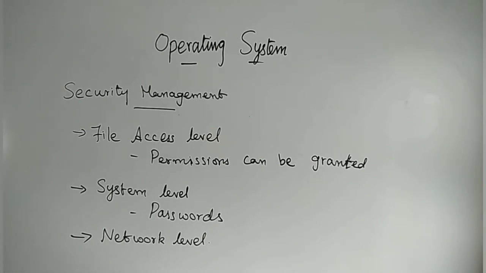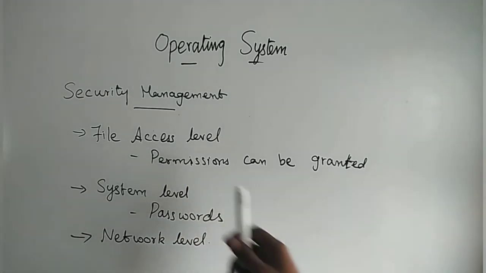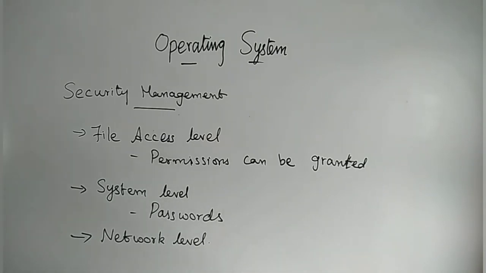By means of some firewall and strong passwords, you can protect your computer when it is on the network. So under file access, the permission can be granted by the creator of the file or by the administrator to open it.